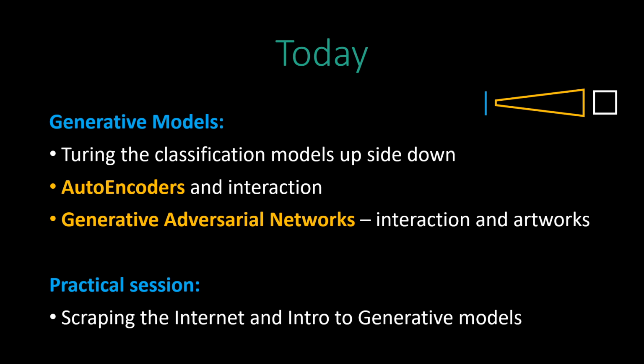We will explore how we can interact with these models, and we will show some examples of artists working and misusing these models as well, some weird uses. Okay, and in the later section, we will get into the practical session, we will get into using one of these models and also maybe talk about scraping of the internet to collect our own datasets.